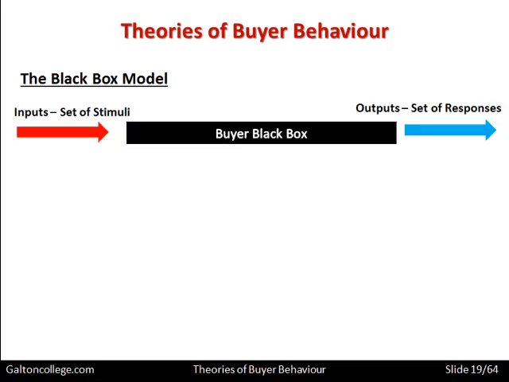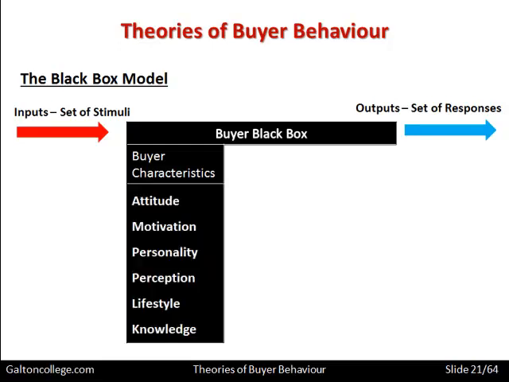Now let's have a look at a few factors relating to this. Let's look at the buyer characteristics for a start. At least some of the buyer characteristics. And we'll just make a list of these, because there's very little we can do in a sense to be more precise. We just know that buyers have attitude, the attitude they have got towards the product, but they've also got attitudes about lifestyles and the way they think and so on.